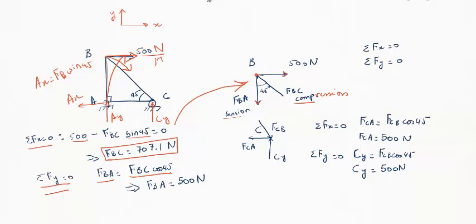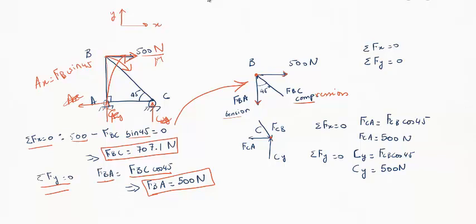Okay, so to keep going, FBA is FBC cosine 45, so we get FBA is 500 newtons. And actually forget about AX, AY, and CY. We don't need to get those in for this problem. Now let's look at the pin C. So what forces do we have there?